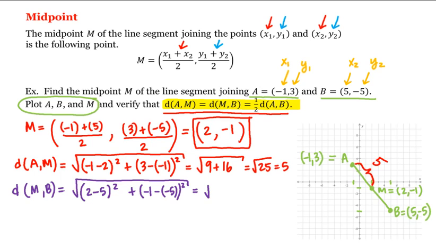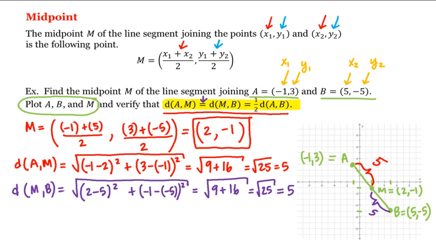This is the square root of 2 minus 5 squared, which is -3 squared, or 9, and then plus -1 minus -5, which is 4 squared, or 16. That is the square root of 25, which sure enough is 5. That is, this distance here is also 5, which means we verified this first equality up here, that the distance between A and M is the same as the distance between M and B.